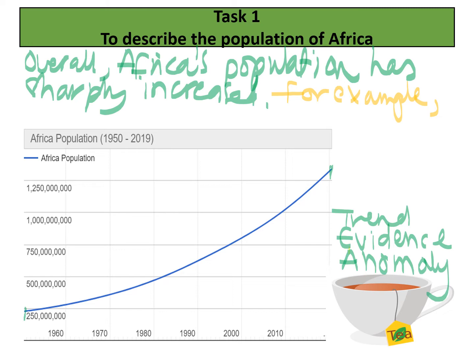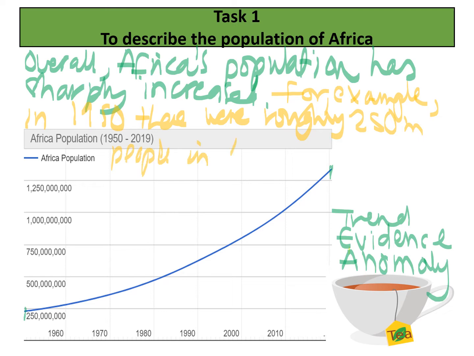For example, in 1950, there were roughly 250 million people in Africa, whereas in, well, let's look at 2019, this area here. So let's draw a line across.